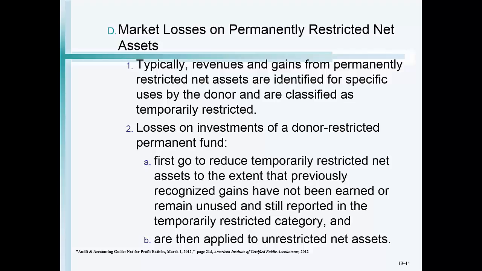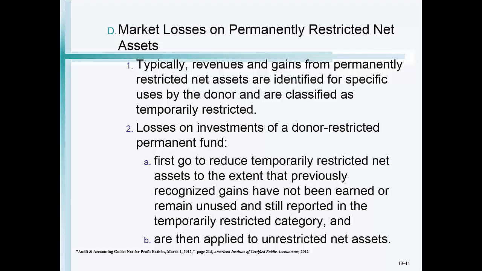So if we had an increase of $40,000 and the donor said we have to use it for a preschool program, and we used $10,000 of it, we've got $30,000 left in there, right? And if we have a loss of $20,000 on that security, that $20,000 goes to the temporary restricted column, right? Once we have used up everything in the temporary restricted column, any remaining losses go to the unrestricted column.